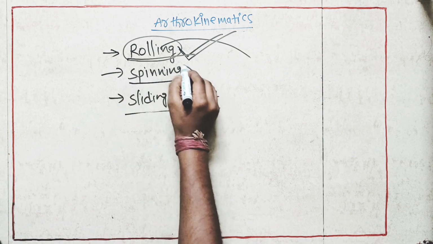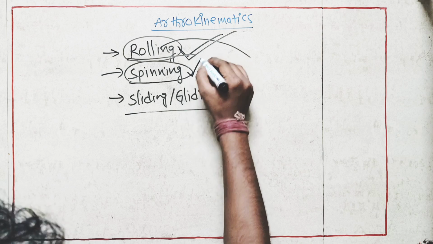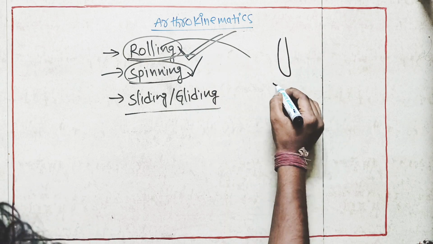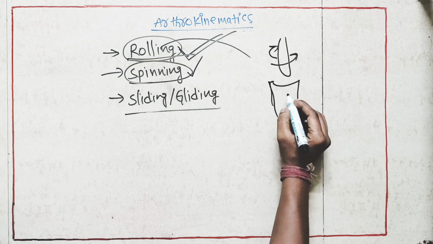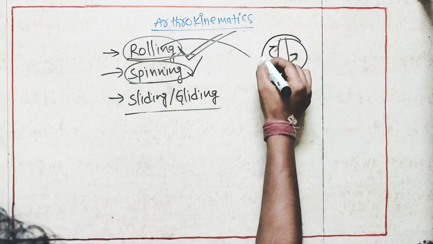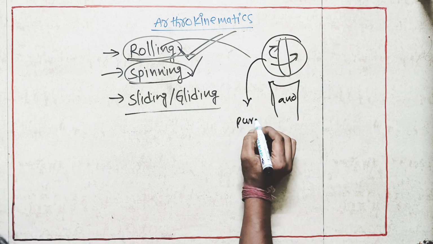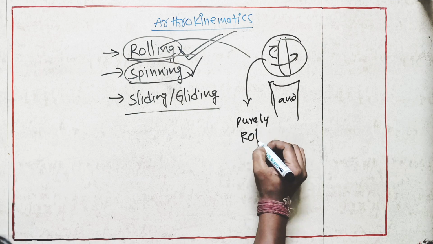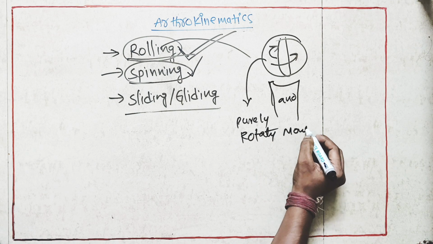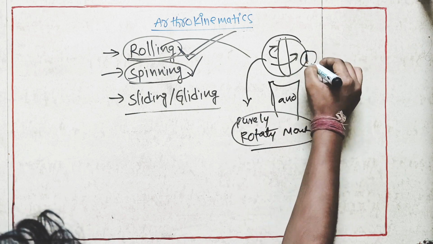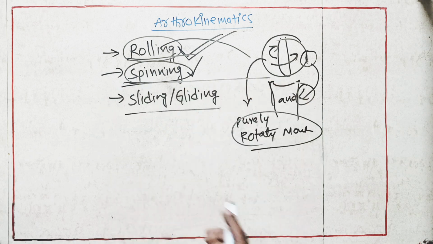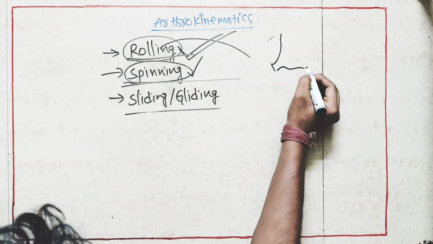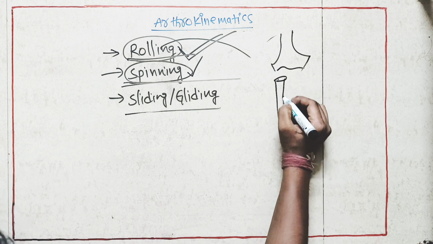Now we'll see spinning movement. Spinning movement is one articular surface spinning over another articular surface. This is a purely rotatory movement of one articular surface over another. Example: suppose this is the lower end of the humerus, and here we have the radius, the head of the radius.